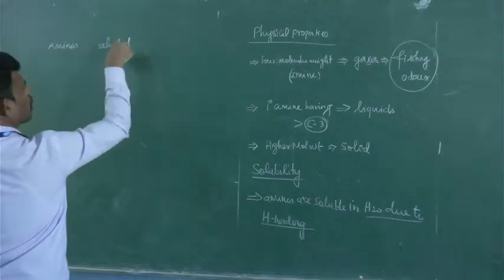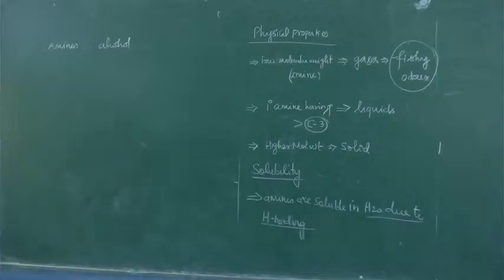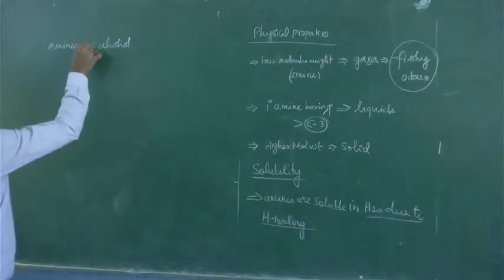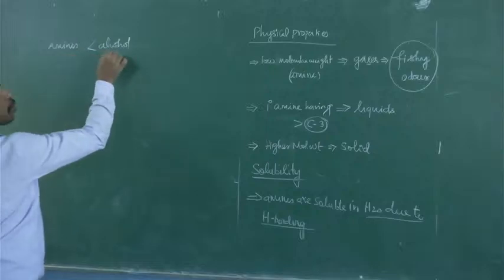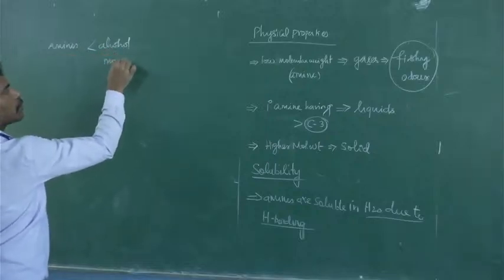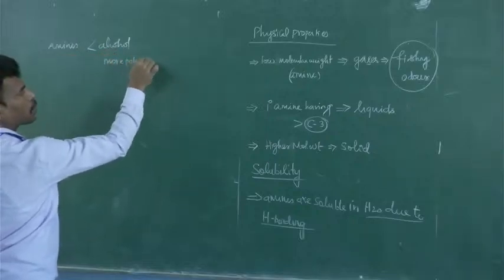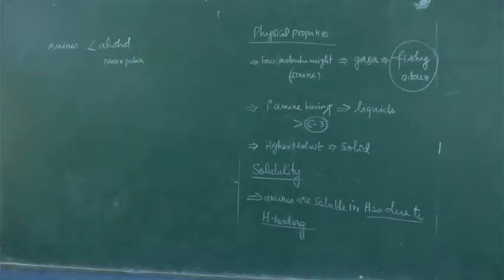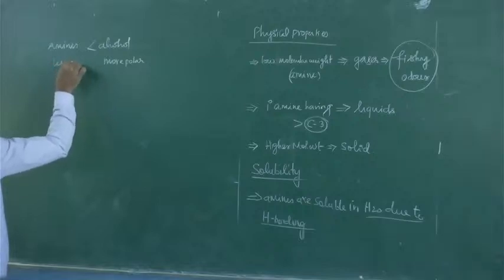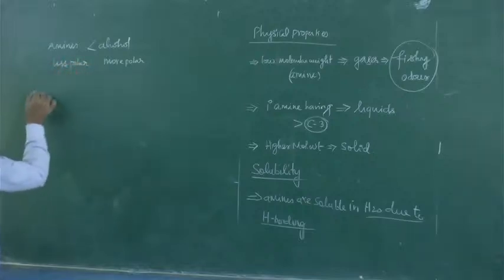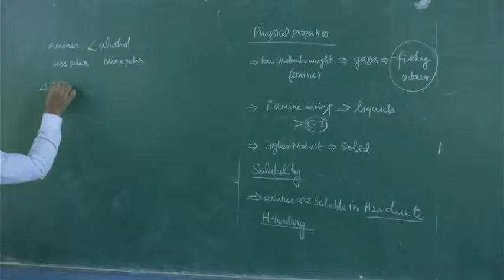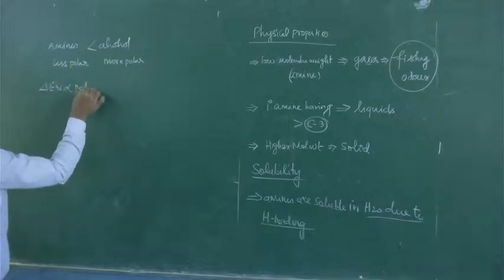Which one is more polar? Which one is more soluble in water? Alcohol, because it is more polar. Why more polar when compared to amines? Of course, amine is polar, but less polar when compared to alcohol. Electronegativity difference is directly proportional to polarity.